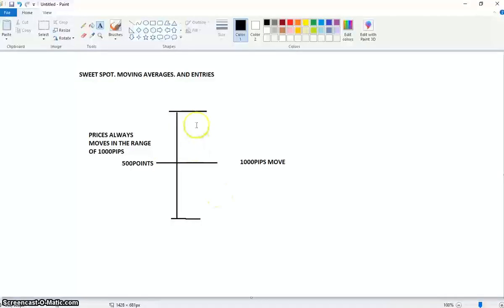So in between this 1000 pip range move, you can see also that price can move 100, it can move 50, it can move 25. Usually 25 pips is a stop loss, not take profit. It is 50 pips and 100 pips that are take profit. And for people like Warren Buffett, who usually do position trading, they can do more like 1000 pips. Okay, so that is that.